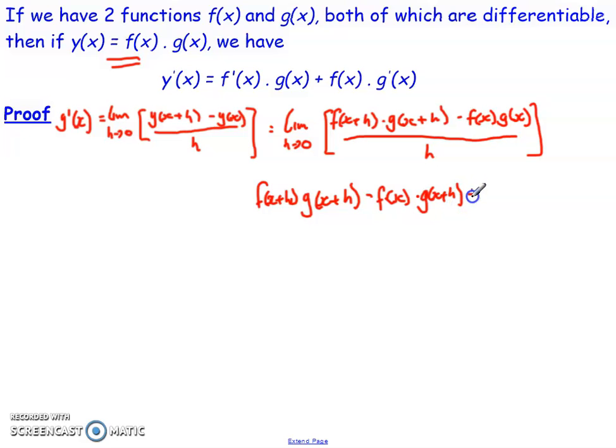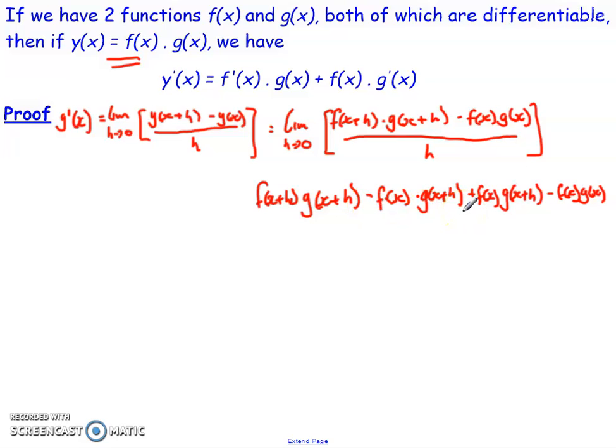I'm then going to add it so it cancels out ultimately in my final calculation. So I'll get f of x, g of x plus h, and then I've got my final part of the function, take away f of x, g of x. So what I've done is I've rewritten that entire top line in that format here.